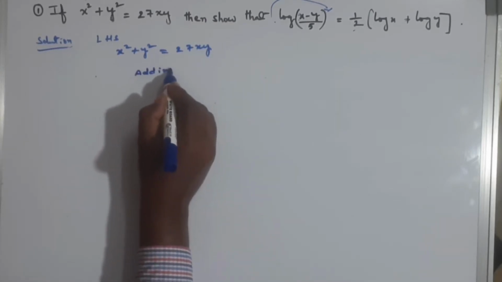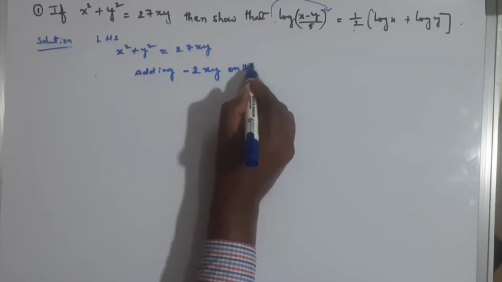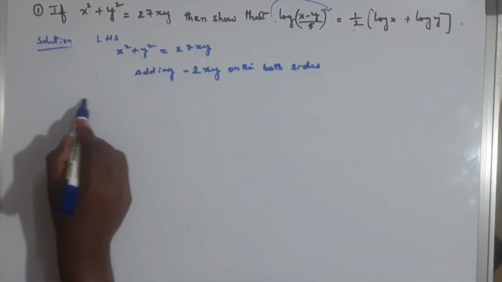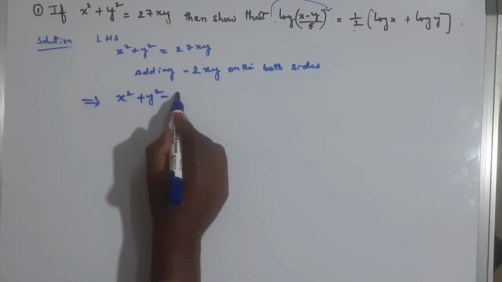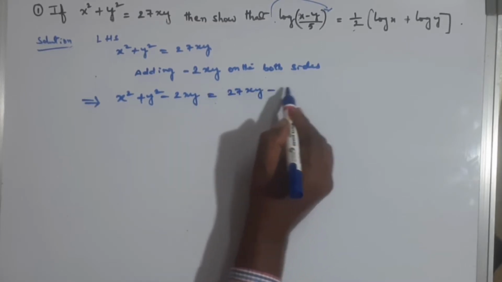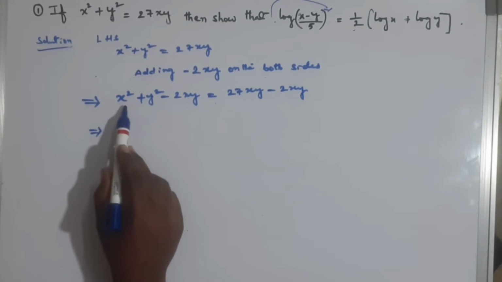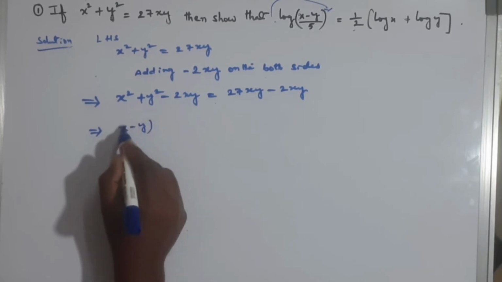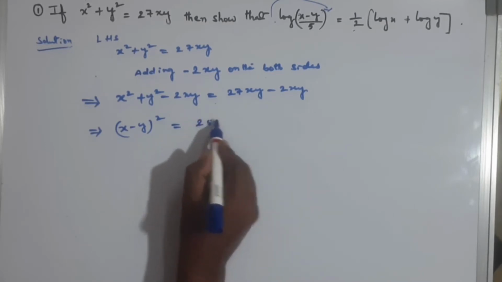Adding minus 2xy on both sides, which implies x square plus y square minus 2xy equals 27xy minus 2xy, which implies a square plus b square minus 2ab, meaning (x minus y) whole square, which equals 27xy minus 2xy, 25xy.